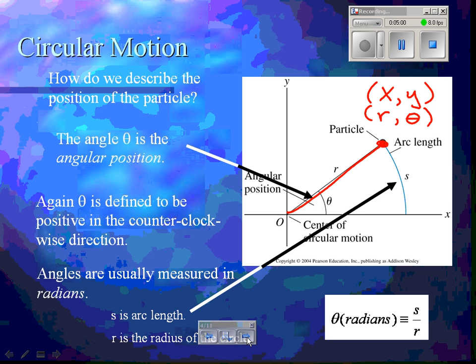So it's theta measured in radians, which is a dimensionless unit, as it's sometimes referred to. It's just the ratio between the arc length S and R. So you have a definition for 1 radian. Theta equal to 1 radian is going to be a situation where S compares to R in what way? They're the same. When S is equal to R, you have a theta of 1 radian.